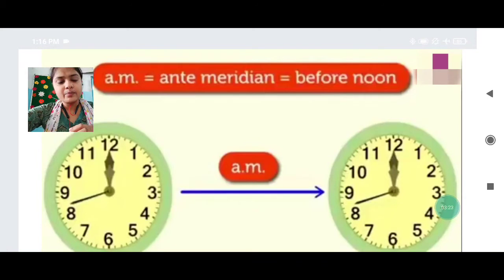What is AM and PM, which we write? AM is ante-meridian, means before noon. Okay, before noon means what? Just see, my dear.